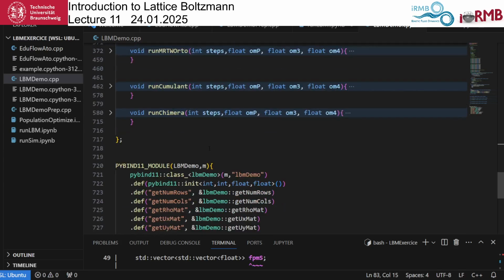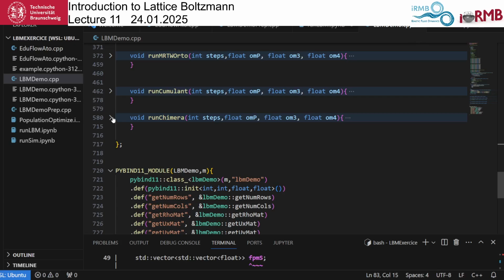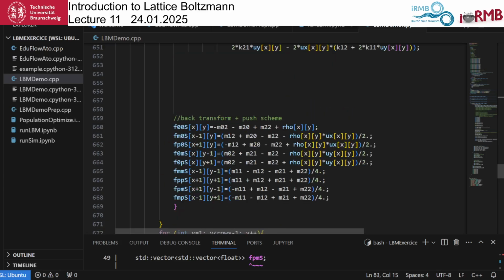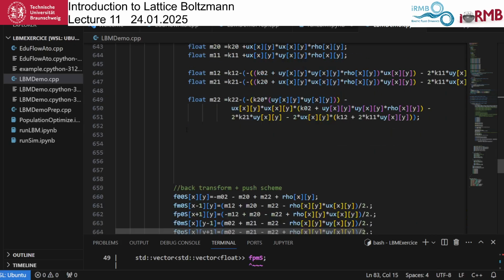So now we go back to our, we've closed it. I have to open it again and see what we do in order to get back to raw moments.